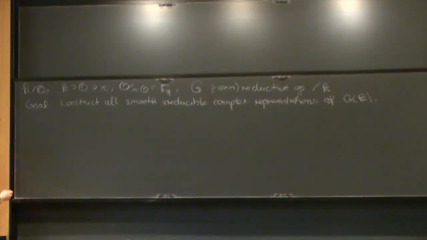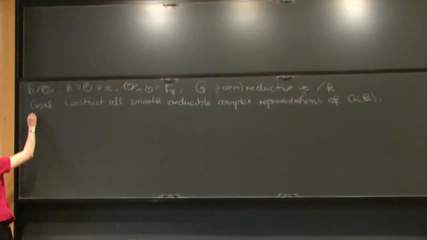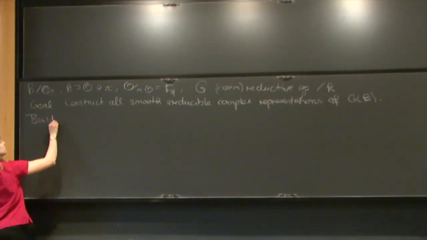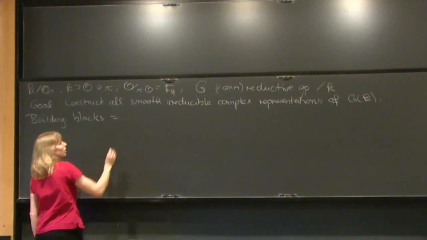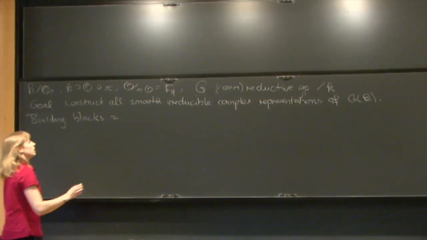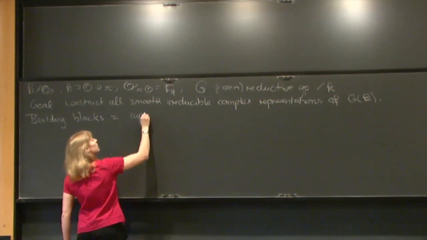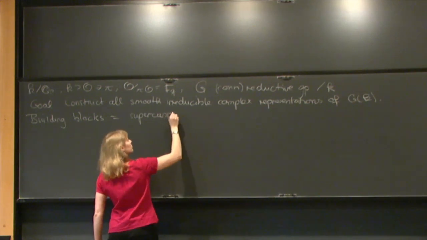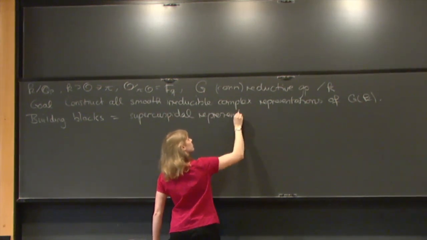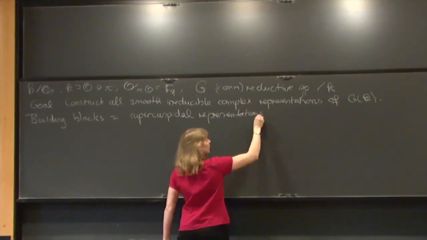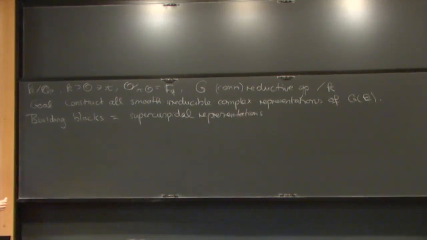And so there's a certain approach to this. We know that there are certain building blocks, and the building blocks for these representations are called supercuspidal representations. More precisely, what do I mean by building blocks?